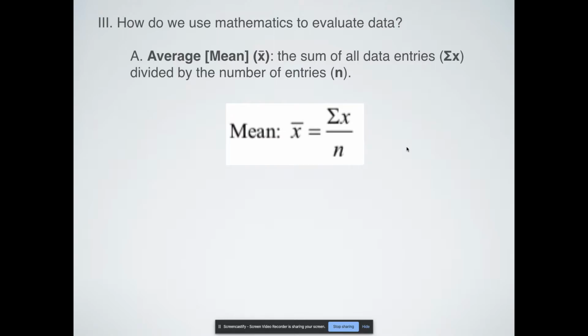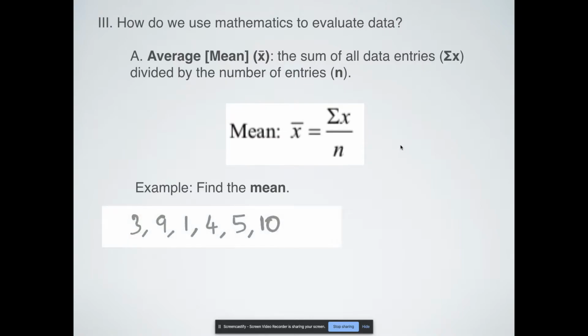So I'm just going to give you random numbers that we're going to use for every single one of these little mathematical tricks. So for example, if I said find the mean of these numbers, and I gave you a list of numbers, so we have 3, 9, 1, 4, 5, and 10. What I can do to find the average is I can add all of those together, and then I can count the number of entries.